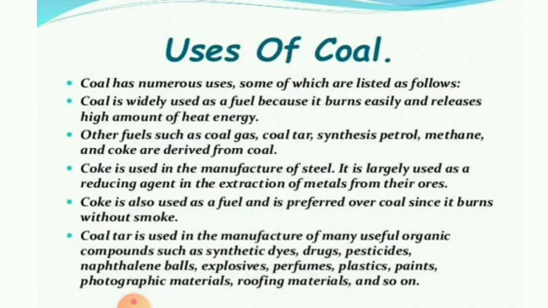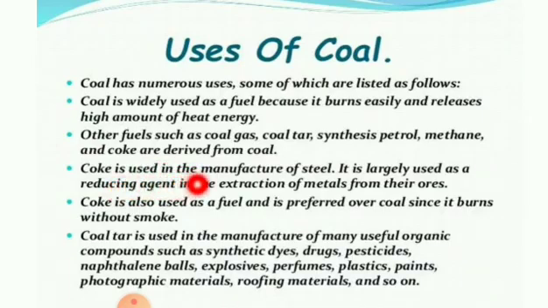Coal has numerous uses, some of which are listed below. Coal is widely used as a fuel because it burns easily and releases a high amount of heat energy. Other fuels such as coal gas, coal tar, synthetic petrol, methane and coke are derived from coal. Coke is one form of carbon.